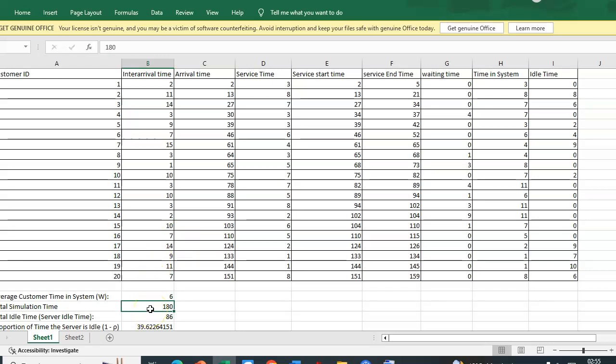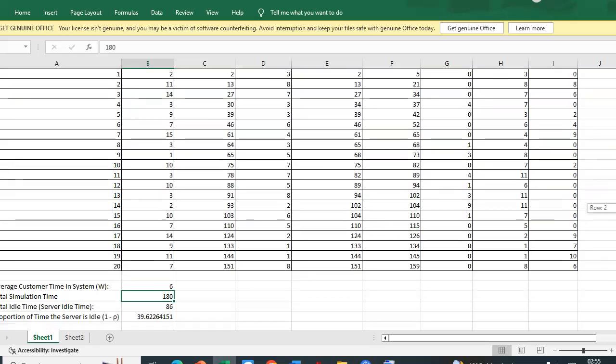They told us to simulate for 3 hours, so there are 180 minutes in 3 hours. And then for the total idle time, which is the server idle time, you get 180, the total simulation time, minus the sum of the service time.